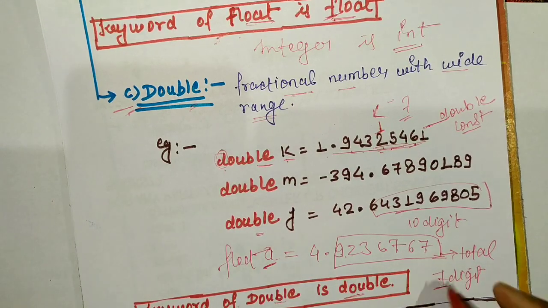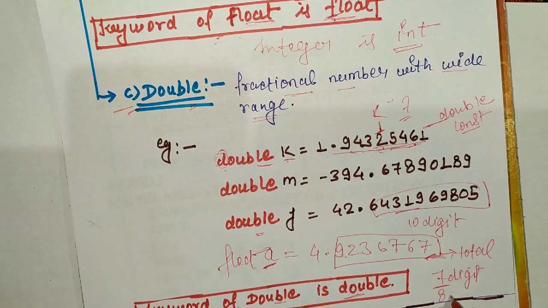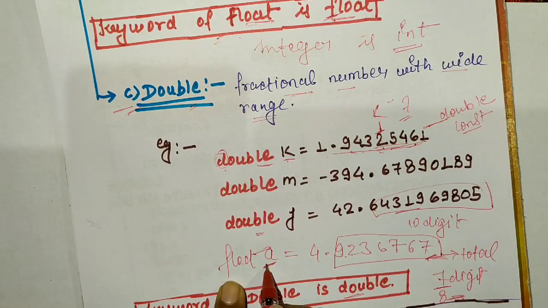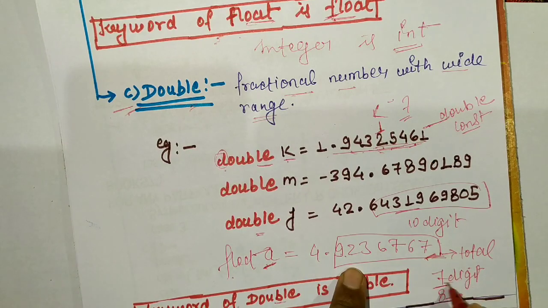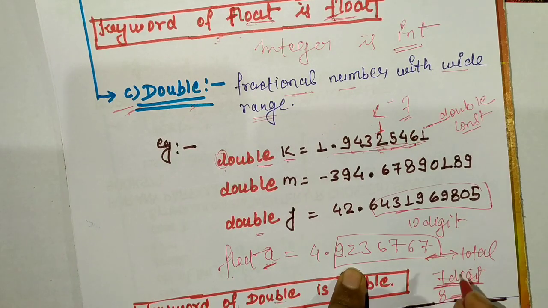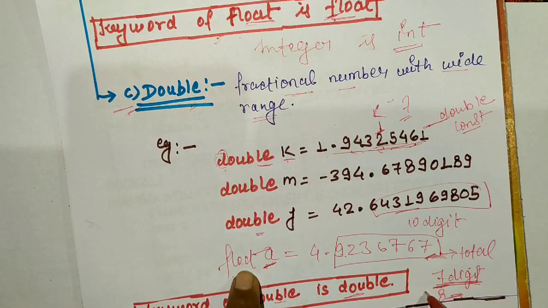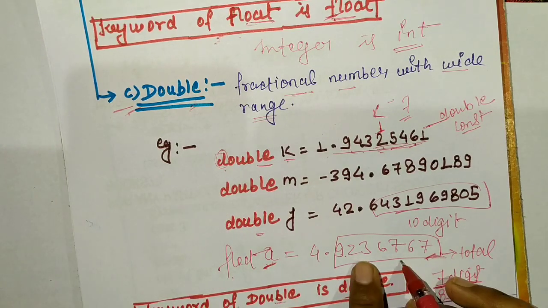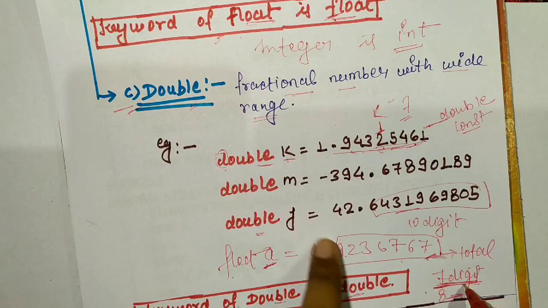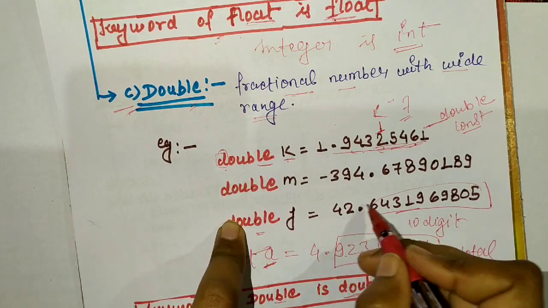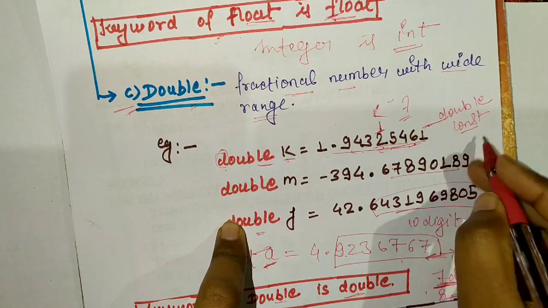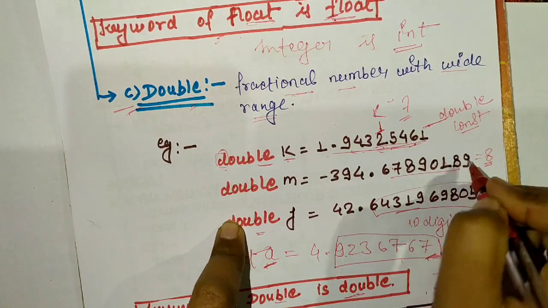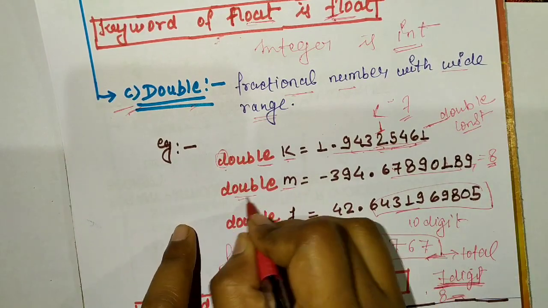But if it contains 8 digits, the data type changes: the data type of A is double. If it contains only 7 digits or fewer, the data type is float. But if it contains more than 7 digits, then the data type is double. Here there are 1, 2, 3, 4, 5, 6, 7, 8, a total of 8 digits. So the data type of M is double.